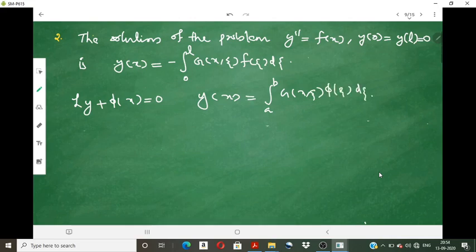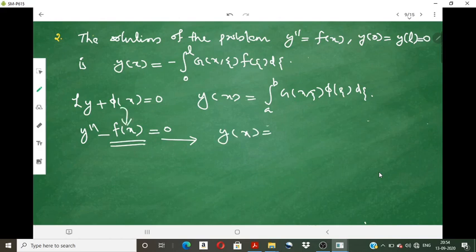Now here the equation is of the form y double dash minus f of x equal to 0. Since the function phi of x is minus f of x, which is a function of x alone, its solution, not the integral equation, is given by using the Green's function.